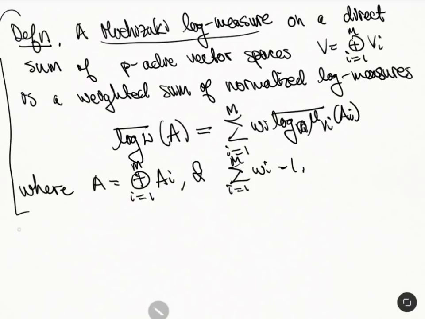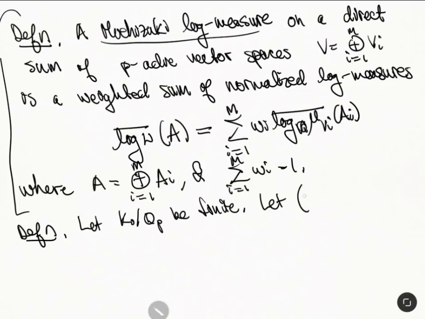One more thing, a definition. Let k0 over Qp be finite, and let the tuple (V, log nu) be a Mochizuki log measure.